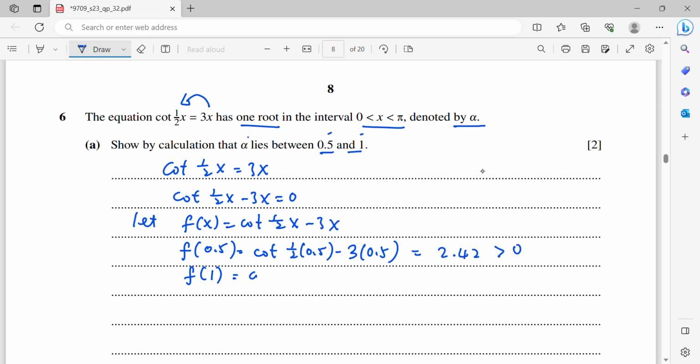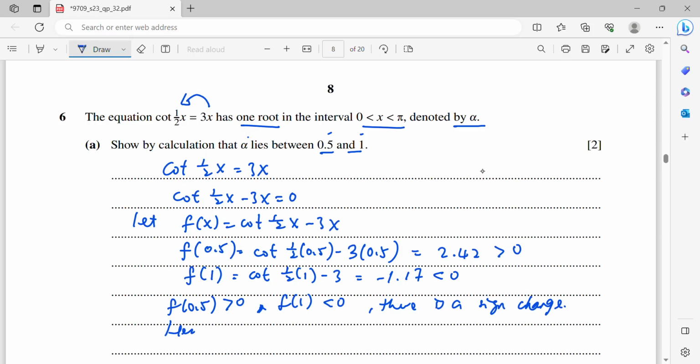So f(1) will be cot half times 1 minus 3. Therefore, the answer is going to be negative 1.17, which is less than 0. So once you get positive and negative, according to the sign change rule, there will be a root in between these two x values. So I will just write there is a sign change.